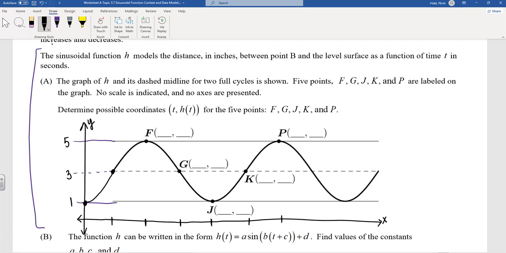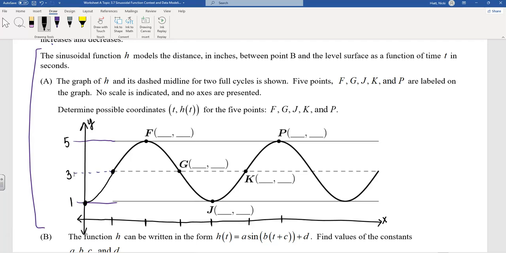And also make sure things are evenly spaced, because if 3 is your midline, then the distance from 1 to 3 has to equal the distance from 3 to 5. If that's not, you can get some partial credit if you mess it up but have something feasible. But if you don't have evenly spaced increments, or if your numbers are out of order, they're not going to give you any credit for those things.